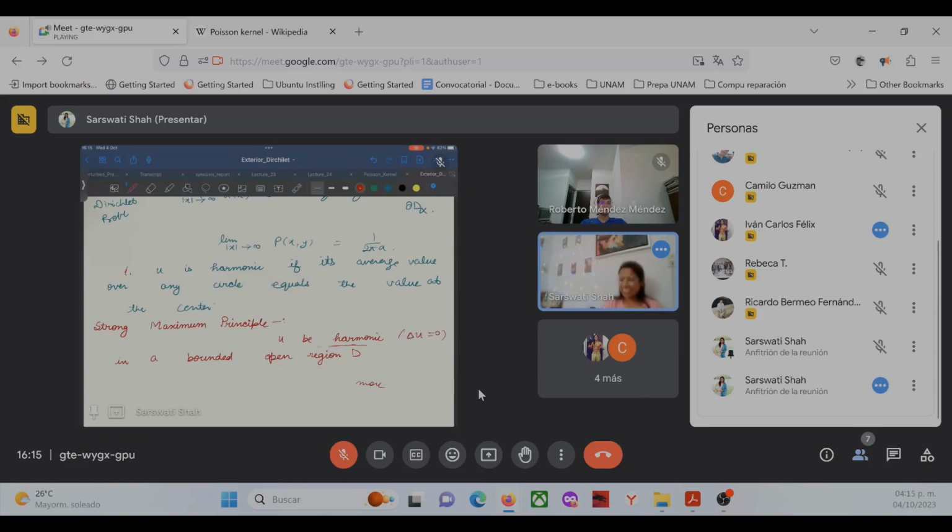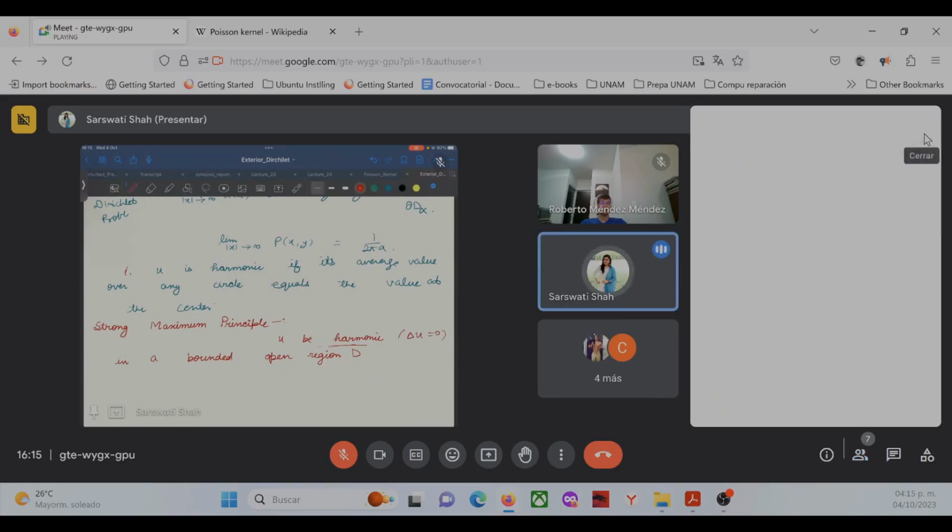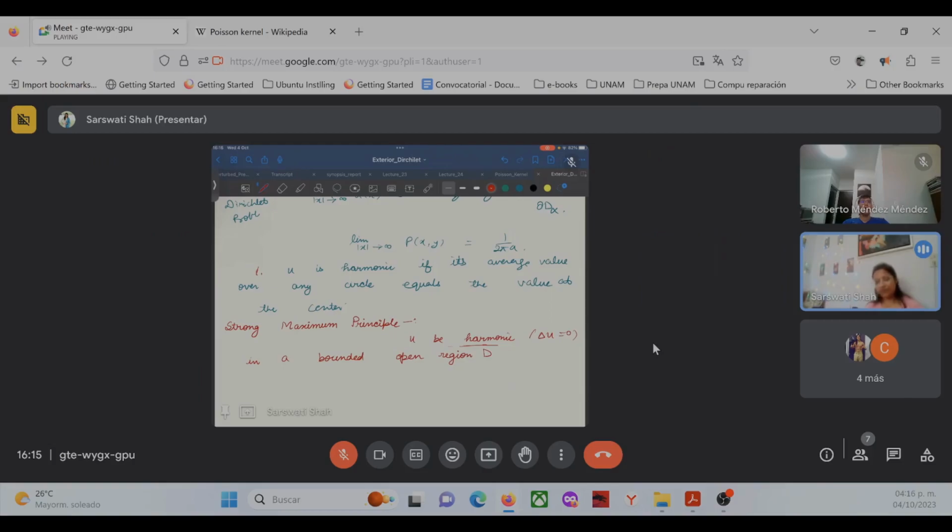I have explained that example before. Suppose I am writing this Laplacian equation. If you haven't given any boundary condition, it is a general Laplacian equation, and you can see that this is a harmonic function and a solution of this Laplacian equation.